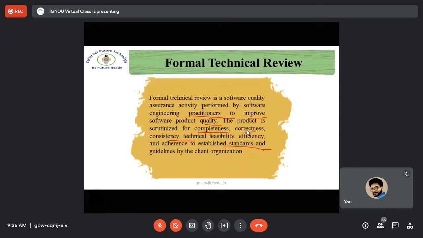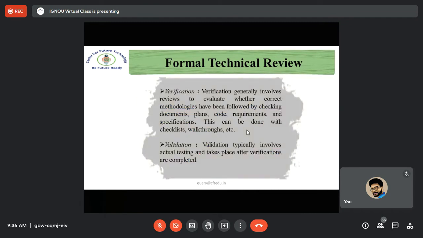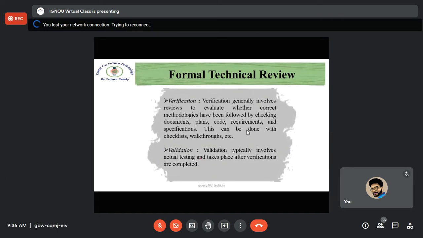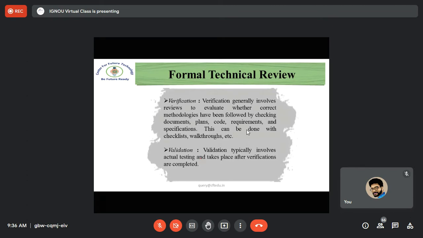This compliance, this conformity of the standards, comes under the formal technical review. If the client hasn't shared this kind of documentation with me, then being part of the software development team, I can ask for a document which reflects the policy, standards or compliance parameters of that organization.